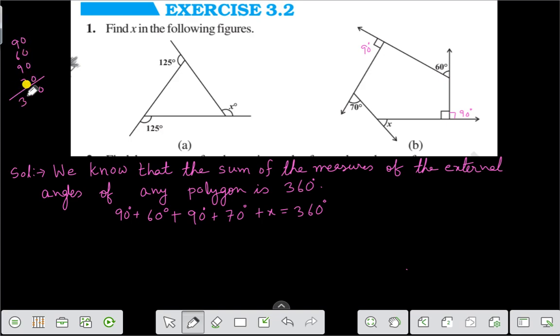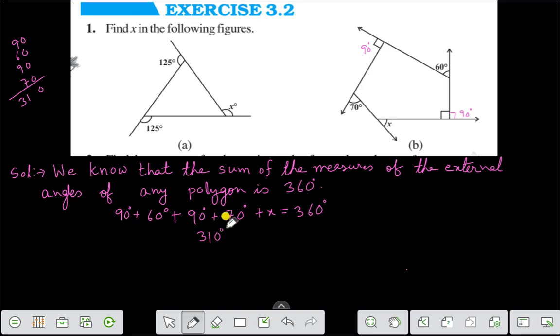That is 310 degree. Let us again add this one. This is 0. 9 plus 6 is 15. 15 plus 9, 24. 24 plus 7, 31. That is 310 degree.